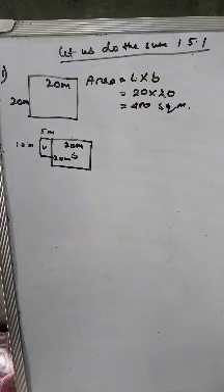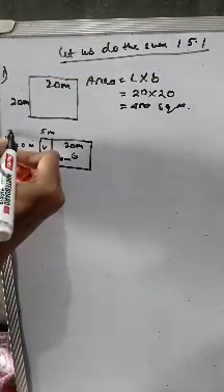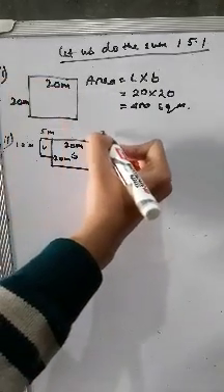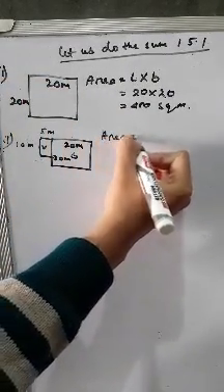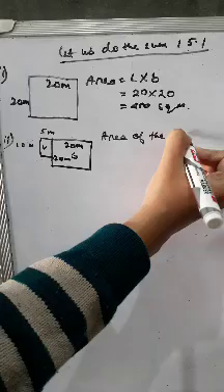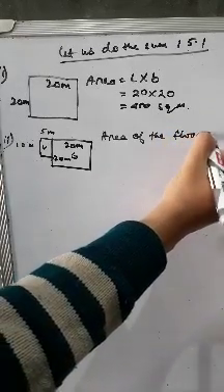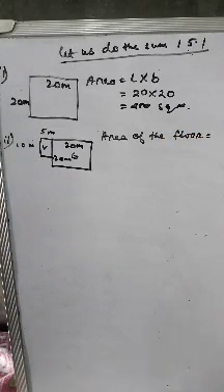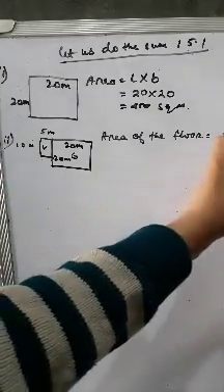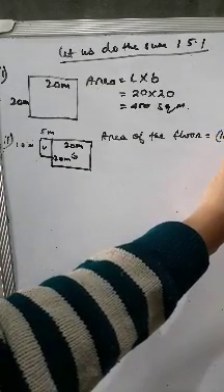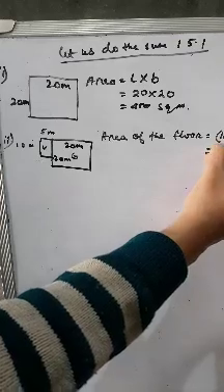So let us write: area of the floor equals what? Length into breadth, that is 10 into 5, which will be equal to 50.